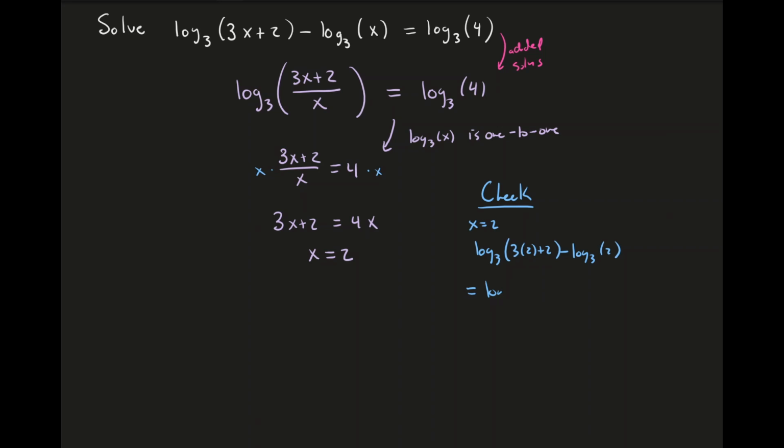So this equals log base 3 of 8 minus log base 3 of 2, which we can now combine to get log base 3 of 8 over 2. You can only combine logarithms when the values on the insides are positive. That's equal to log base 3 of 4, which works out great. So that is, in fact, our nice little solution there.